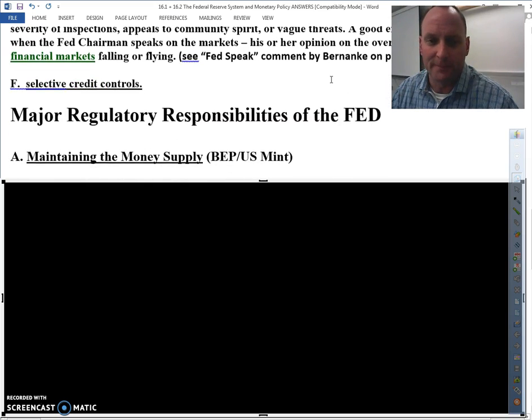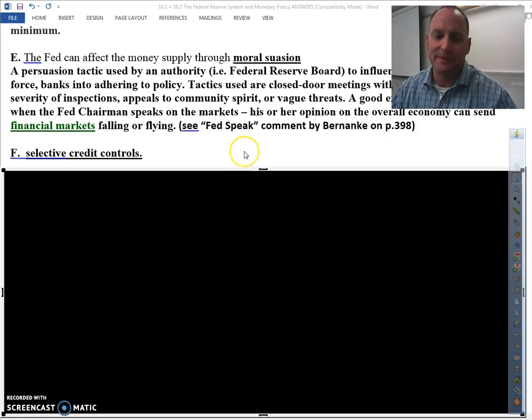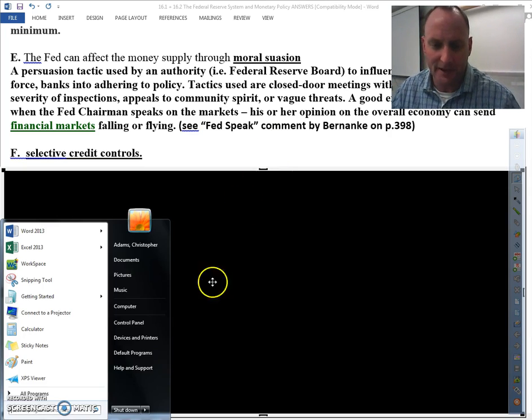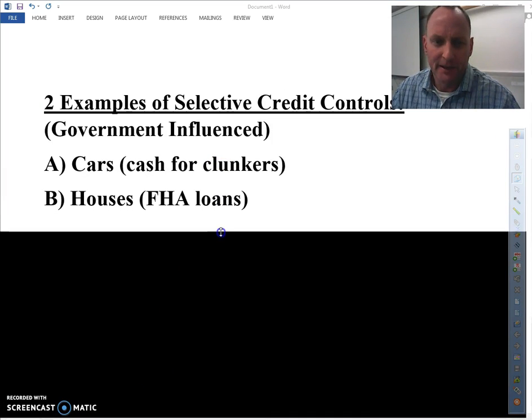Now, this last one is a little bit tricky. But the government gets involved sometimes by pressuring banks to loan out money for certain things. Now, I have a little bit of a diagram for you to look at here.